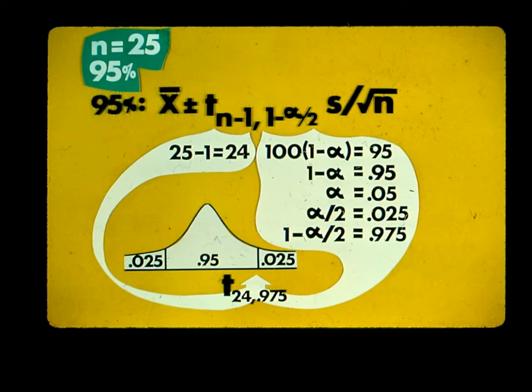The second subscript, 1 minus alpha over 2, is solved by setting 100 times (1 minus alpha) equal to 95, and then using algebra to get an alpha of 0.05, alpha over 2 of 0.025, and 1 minus alpha over 2 of 0.975. The t percentile thus has subscripts 24 and 0.975, which are the two values to be looked up in the t-table.